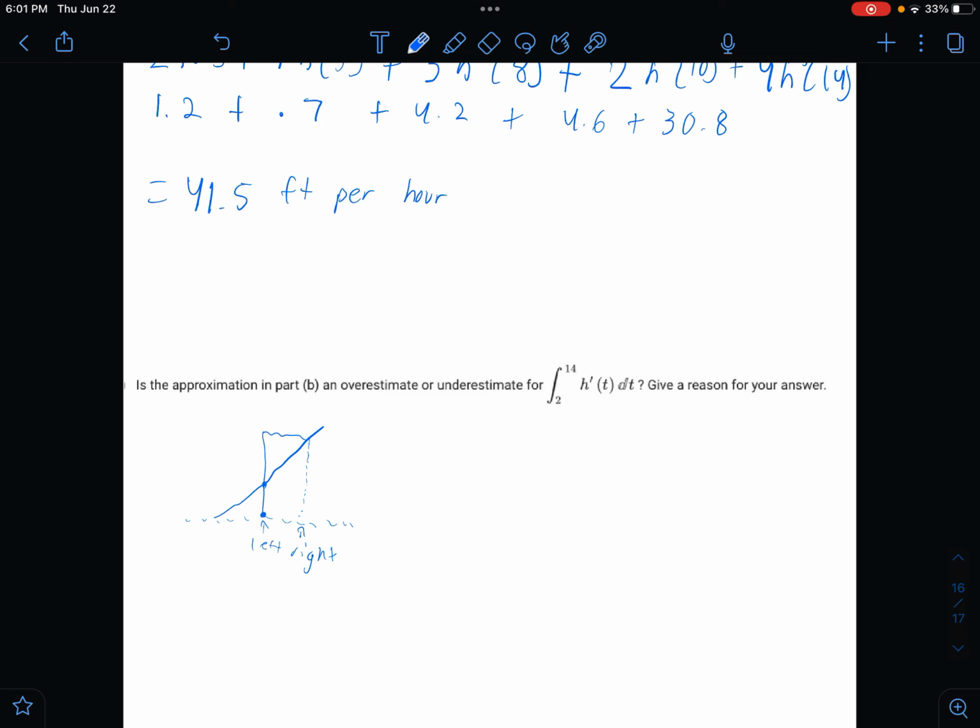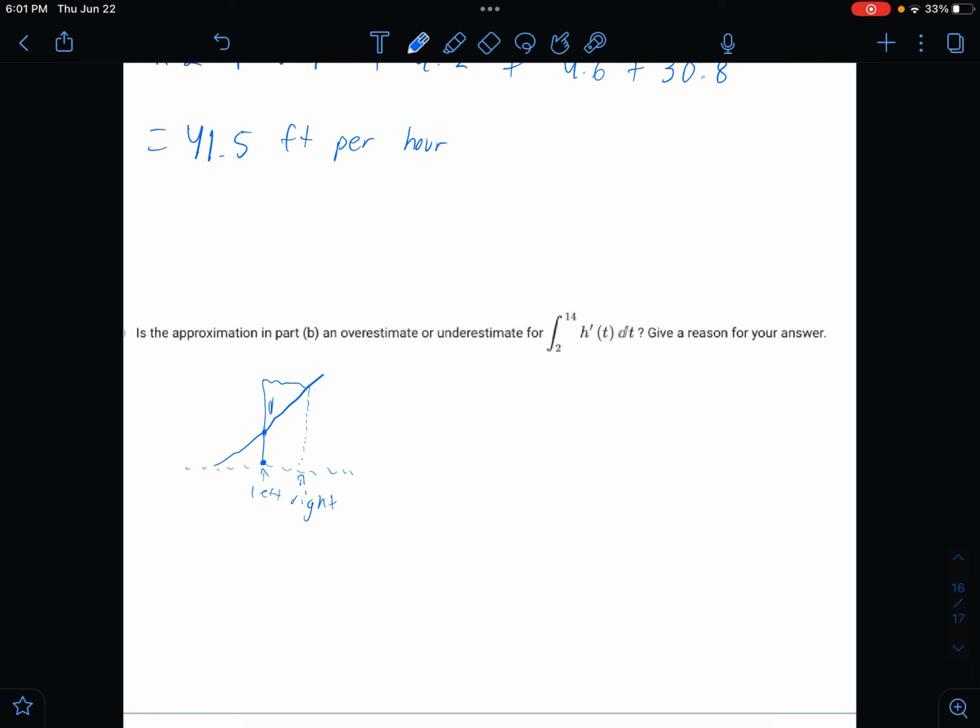As you can see by this graph, we have a lot of empty or extra space on top of this slope of ours, which means it is a very big overestimate. We don't know how big it is. It's just based on this graph I made. It looks like a very big overestimate, but I'm not sure.